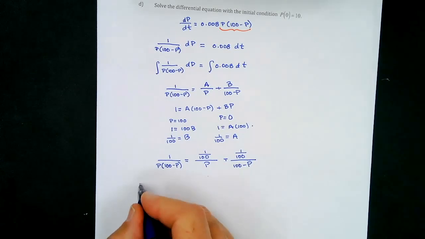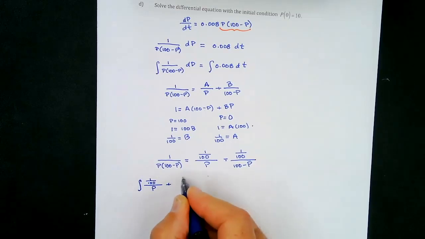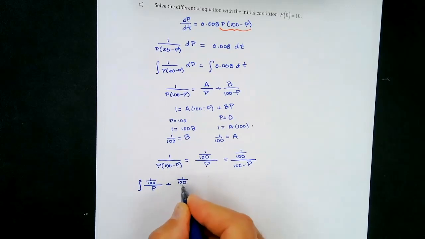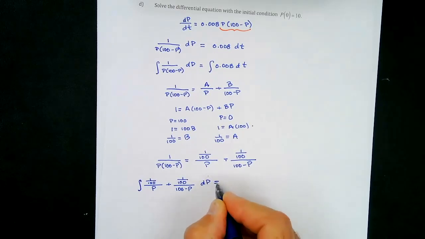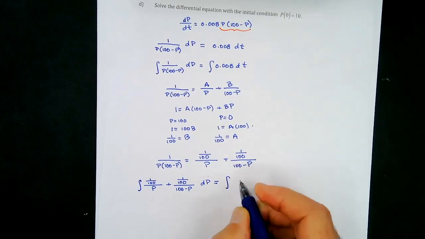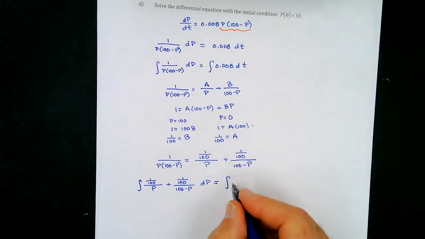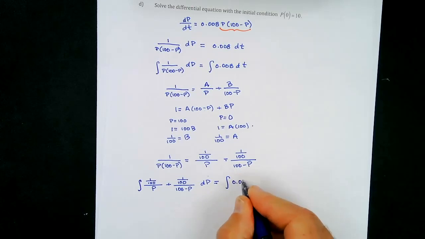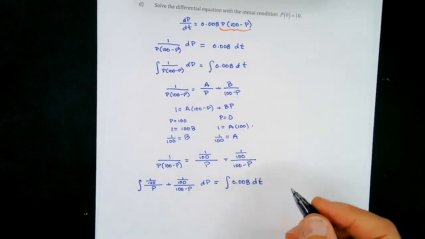All right, so now what we have is the integral of 1 over 100 over P plus 1 over 100 over 100 minus P dP is equal to the integral of 0.008 dt.